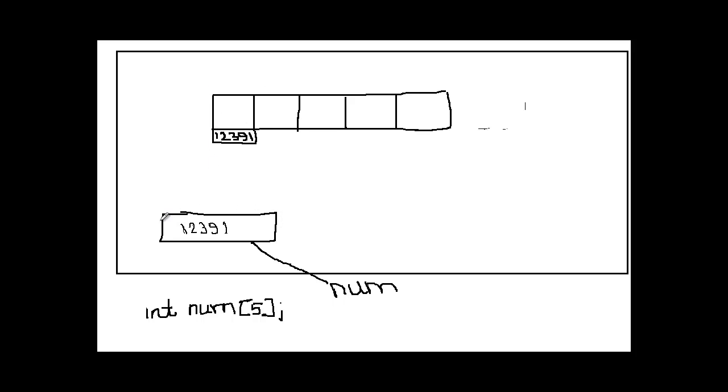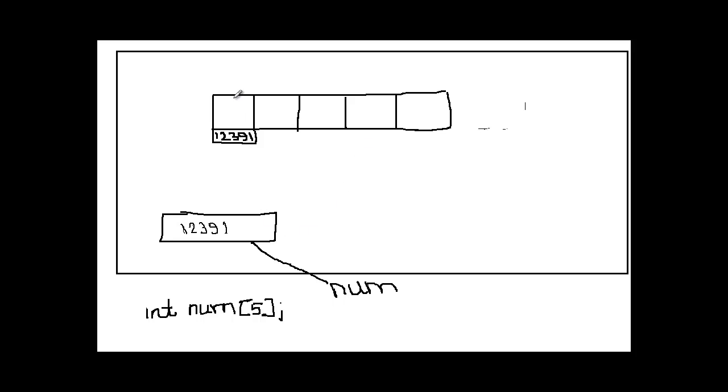Num is a variable which takes the address of the first element of the array, and since these blocks are physically adjacent, from this address the address of the next element and so on can be calculated.